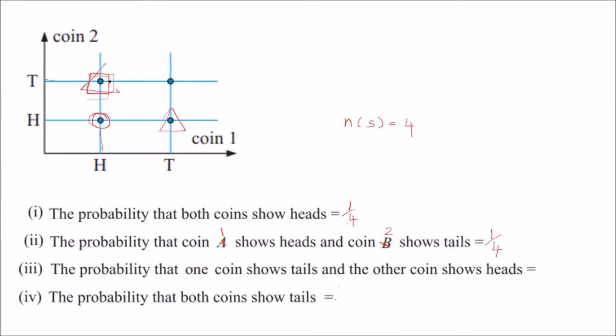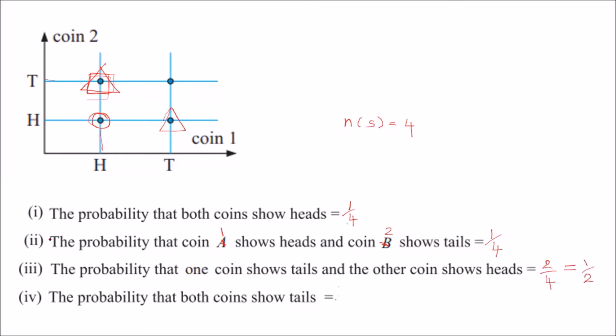And here, from the first coin we get head, second coin we get tail. Then there are 2 such outcomes. Therefore, 2 out of 4, so we can write the probability as 2 by 4. This fraction we can write in the simplest form, which equals half.